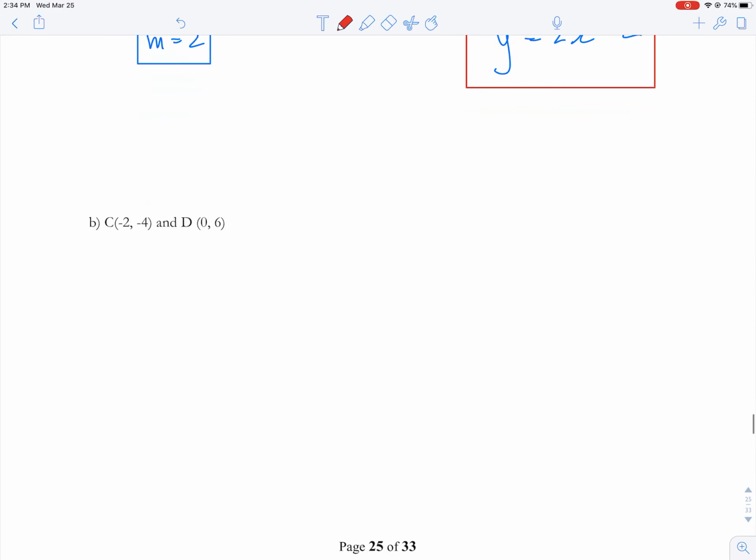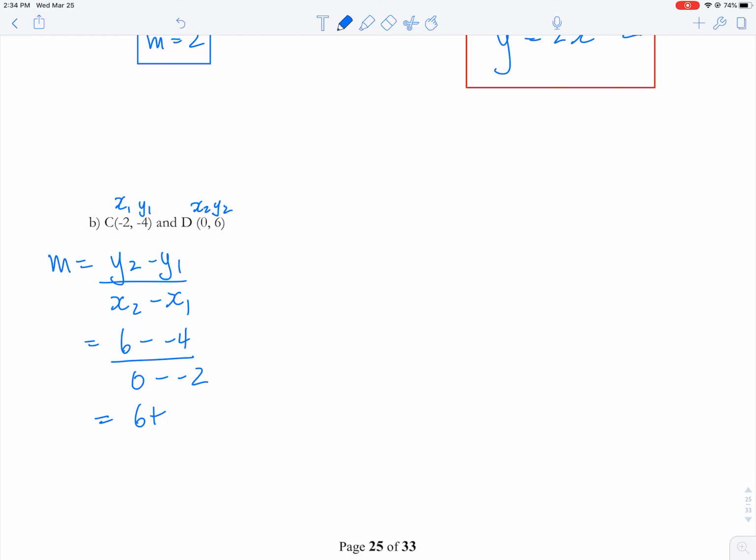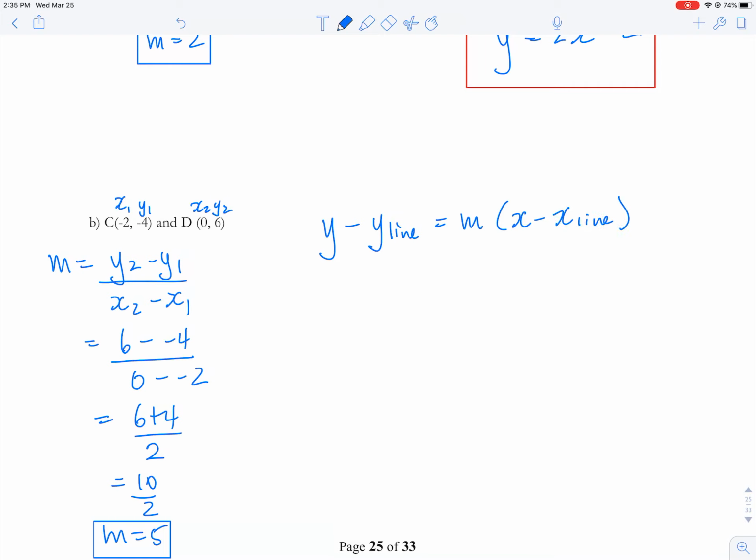We've got our 2 points. x1, y1, x2, y2. m equals y2 minus y1 over x2 minus x1. 6 minus minus 4 over 0 minus minus 2 is 6 plus 4 over 2. 10 over 2, so we get slope equals 5. And I'm going to sub them into y minus y line equals m(x minus x line).